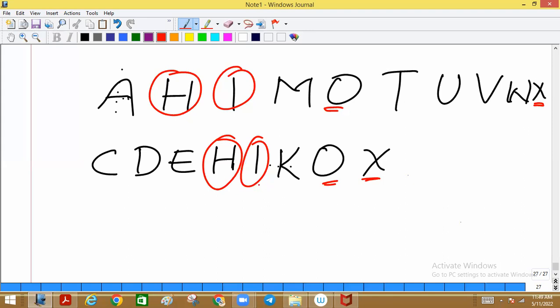H and I, then O and some other letter. So there are some letters that form both the same mirror and water image, and there is one letter which is not forming that. That is your answer. That is the reason you should know even this stuff.